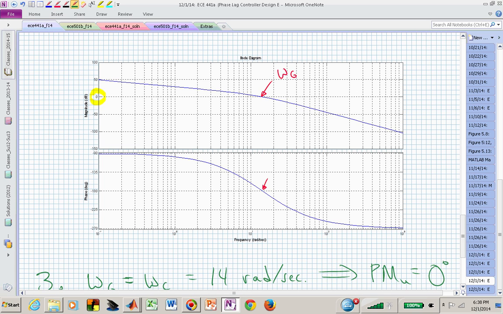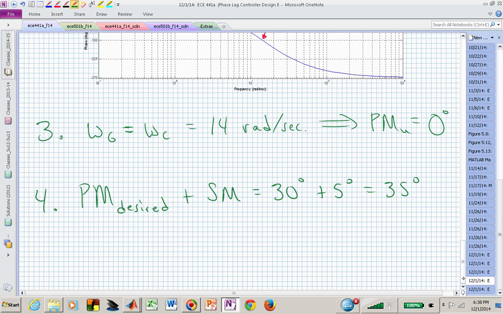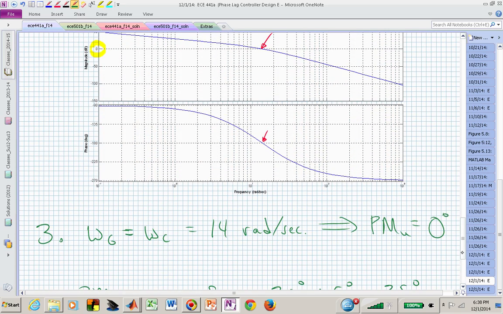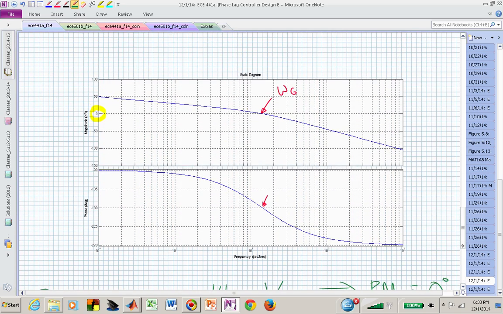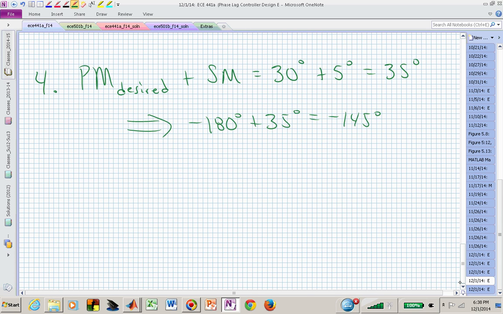But that's not so easy to find on this curve. What I'm saying is I would like to find a frequency where my phase curve is minus 145. In terms of this diagram, let me go ahead and paste it in again.